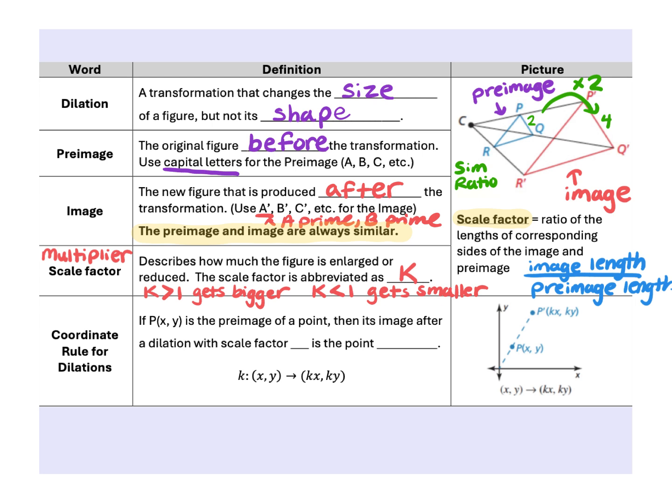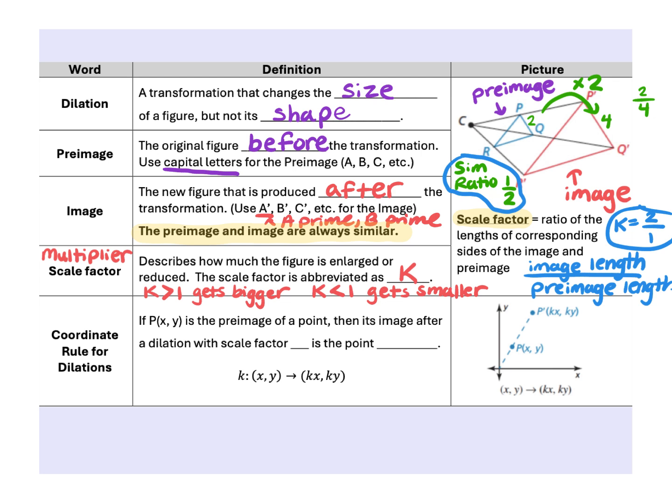So the similarity ratio would be 1 over 2, because 2 over 4 reduces to 1/2. So the scale factor is going to be the reciprocal of the similarity ratio. So in this one, my similarity ratio is a half, but my scale factor, K, is 2 over 1.